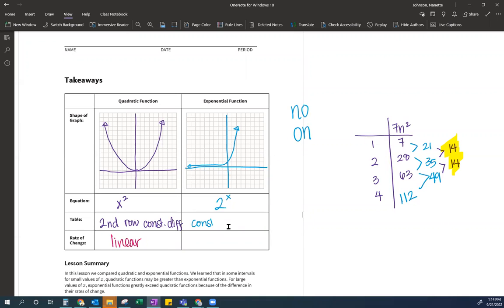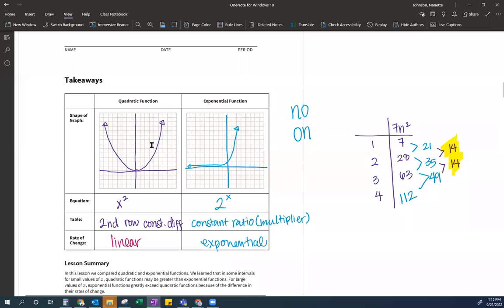I'm going to use the word multiplier, because that helps you remember that we're multiplying. It's a constant multiplier. And then the rate of change for this one is exponential. So there you go, that's my little table for this one right here.